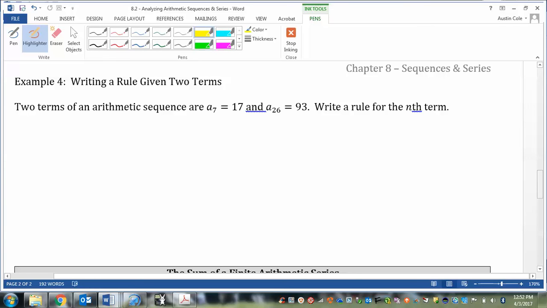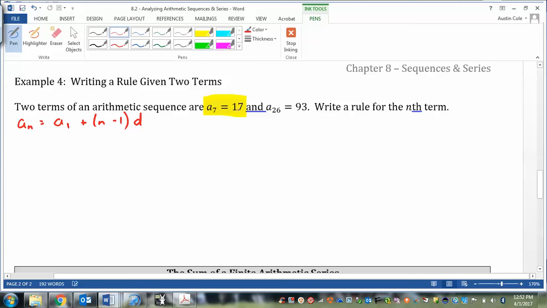So it doesn't give us a sub 1, which is the first term in our sequence, and it doesn't give us d, the common difference, does it? So this one's unique in the fact that we don't have two things. Well, I'm going to focus on just this for right now and plug in what we know. So my formula is a sub n equals a sub 1 plus n minus 1 times d, my common difference.